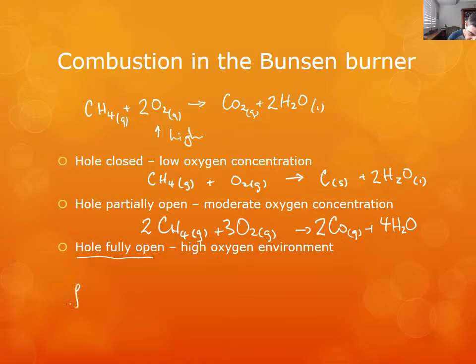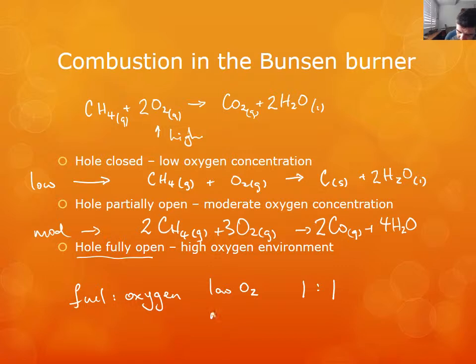So if we talk about the fuel to oxygen mix, at low O2, we have a 1:1 ratio. At moderate O2, we have a 2 to 3, which is the same as 1 to 1.5. And then at high O2, our fuel to oxygen mix is 1 to 2.